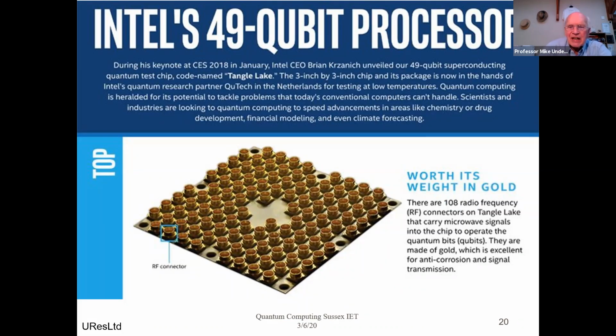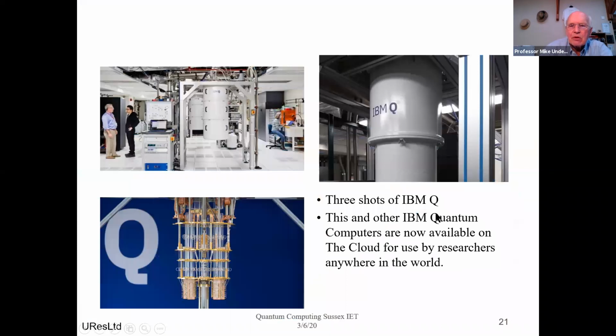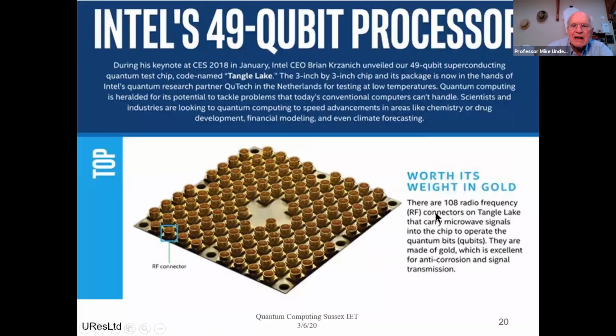That is actually a larger version, but it has a point which I also want to mention, and that is that there are 108 radio, whoops, sorry, let's go back. There are 108 radio frequency connectors on the Tangle Lake. So these carry microwave signals onto the chip to operate the quantum bits.